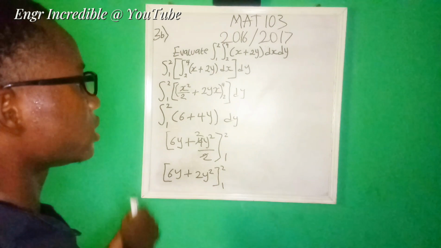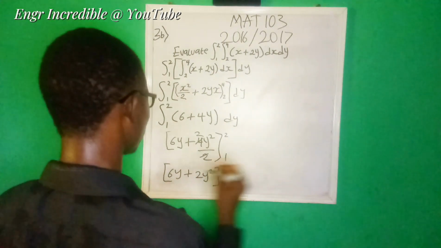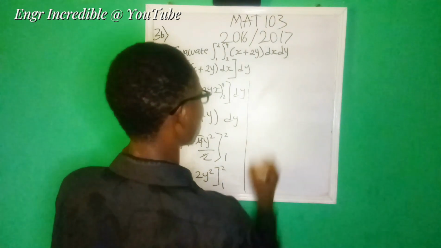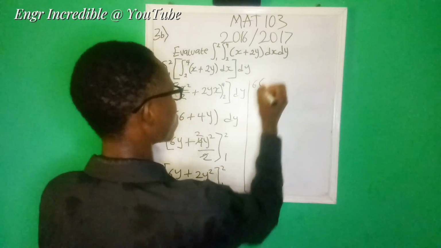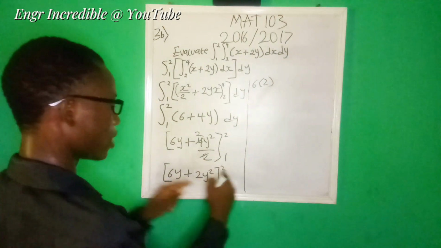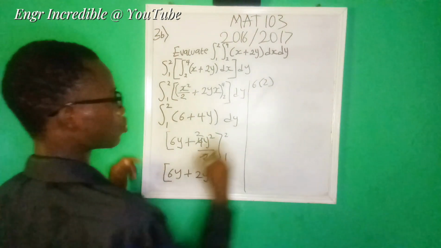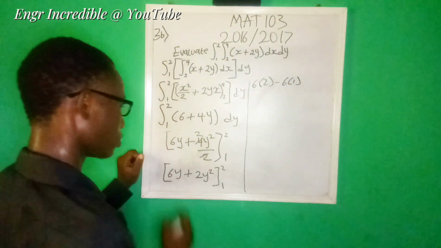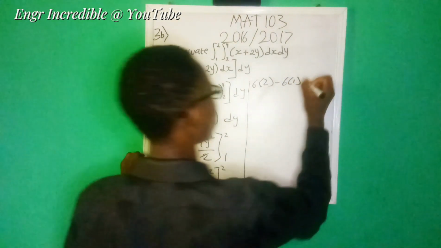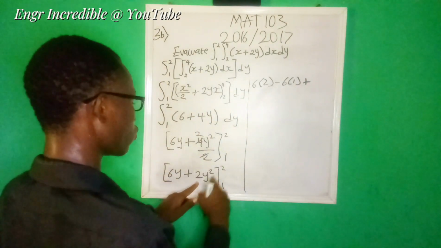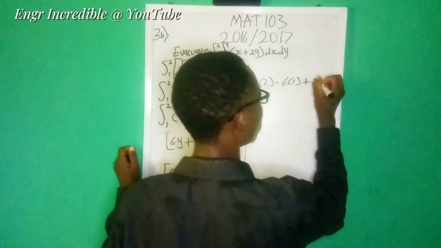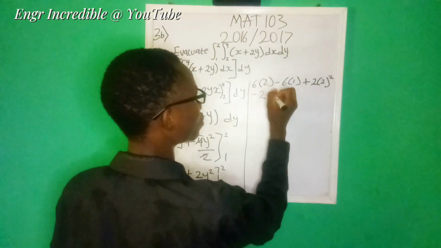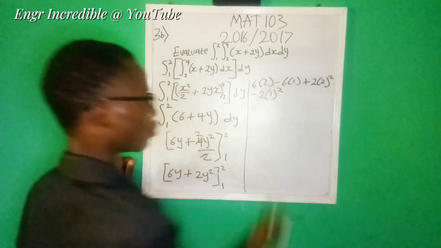So now doing it the same way we did the initial one, 6y when y is equal to 2 will be 6 times 2, minus when y is equal to 1, that is minus 6 times 1, based on the values here. So plus 2y square, that is 2 times 2 square minus 2 times 1 square.